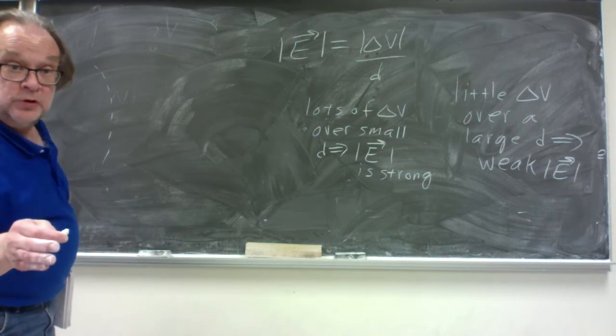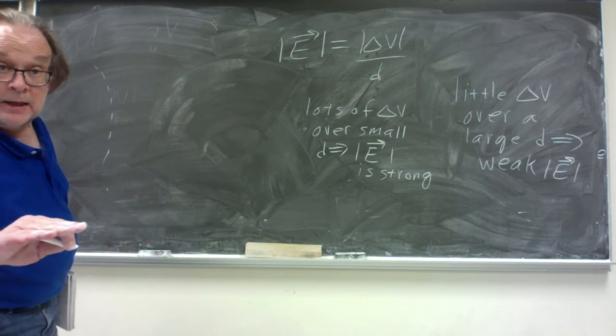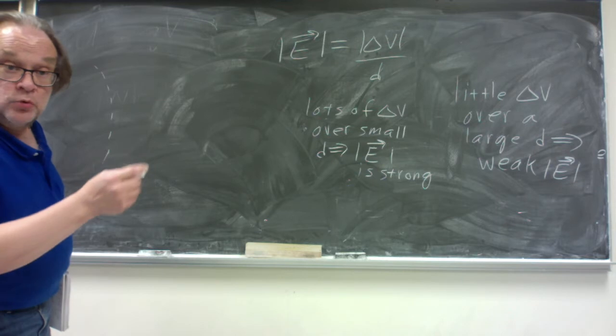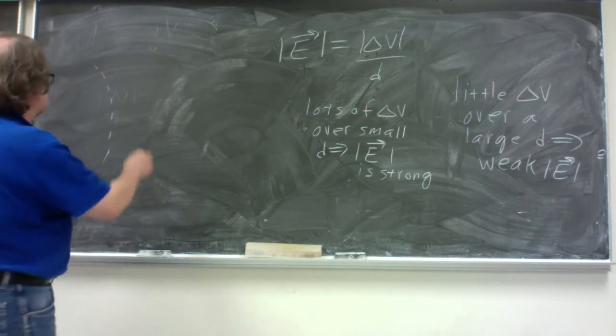We have electric field lines, remember that also. We always use a solid line to represent electric field lines, dash line to represent equipotential lines.